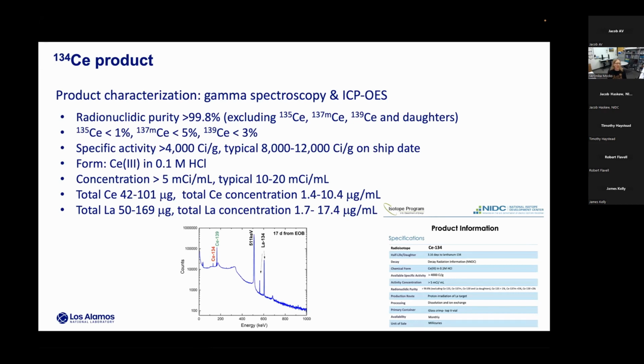I want to specifically mention that by inductively coupled plasma optical emission spectroscopy, we measure the total amount of cerium and lanthanum in the final product, which is important for labeling applications. And you can see the total amount and the total concentration of the cerium and lanthanum in our products. These are data from our evaluation and first production batch that we produced here at LANL.